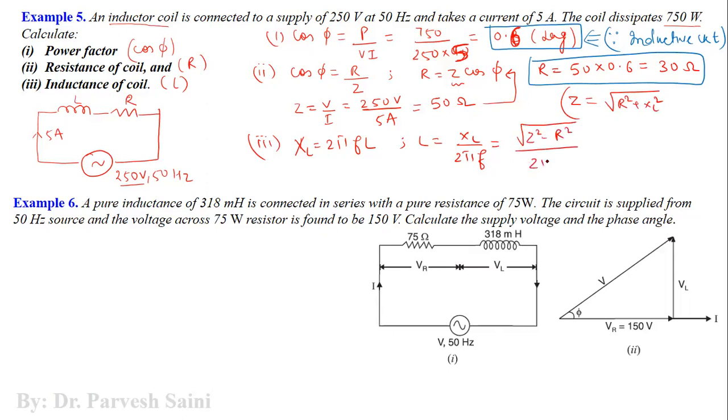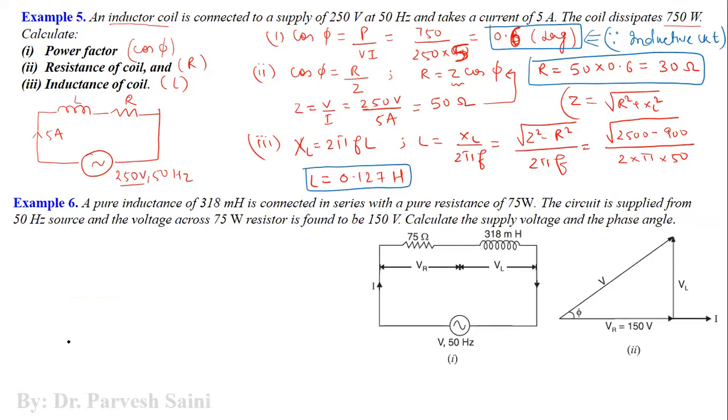So L is under root Z square minus R square divided by 2 pi F. By substituting the values, we get 50 square, 2500, minus R square, 900, divided by 2 into pi into 50. On calculating, the inductance is equal to 0.127 Henry. So this is the answer for this particular question.